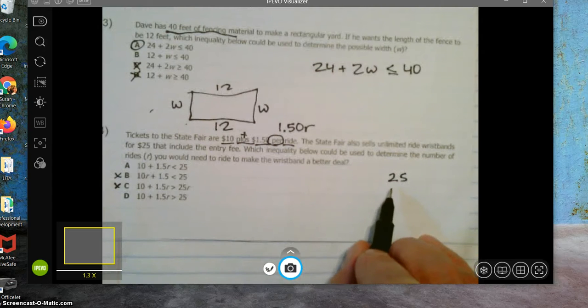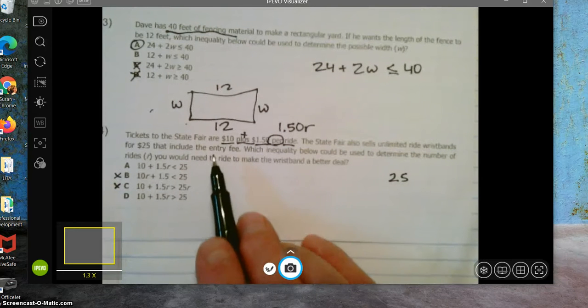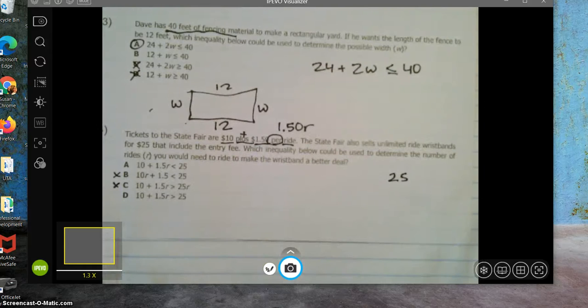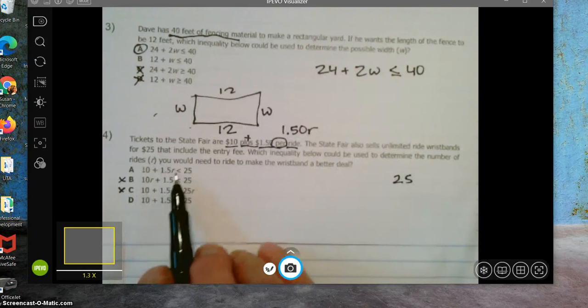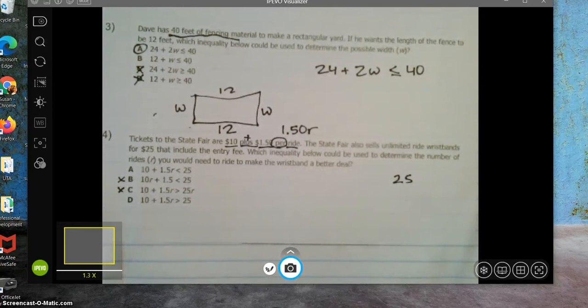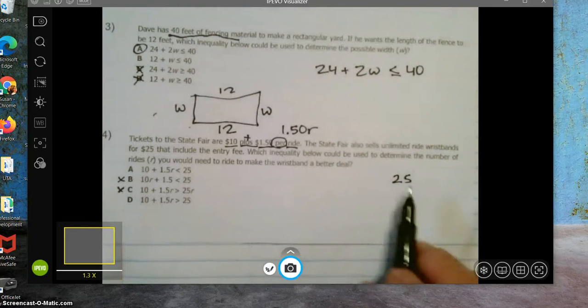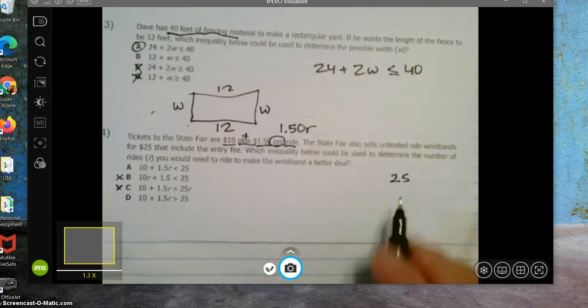Is it going to be better for me just to pay $25? Or is it better to pay $10 plus $1.50 per ride? We're trying to make it better. It says, which inequality below could be used to determine the number of rides you would need to ride to make the wristband a better deal. Okay? So a better deal means this one is going to be less.